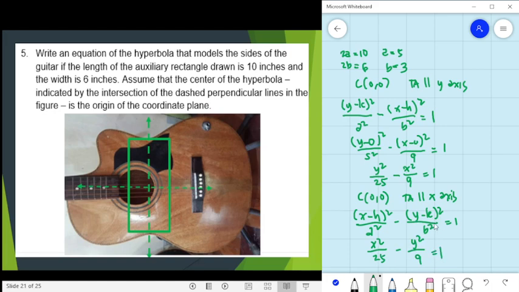So there are two possible solutions in solving this type of problem.